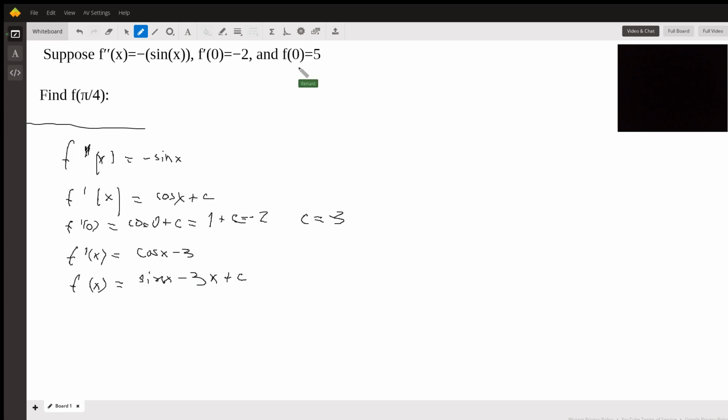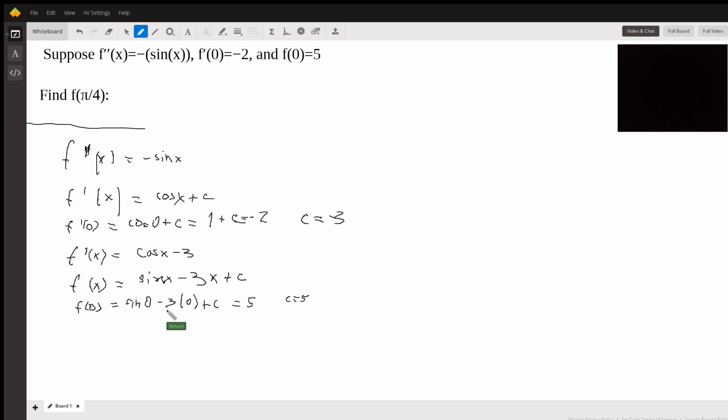We're told that f of 0 is equal to 5, so f of 0 equals the sine of 0 minus 3 times 0 plus c, and that's equal to 5.